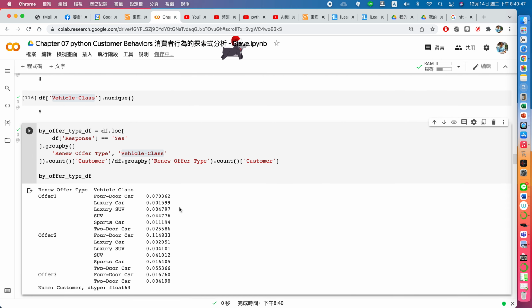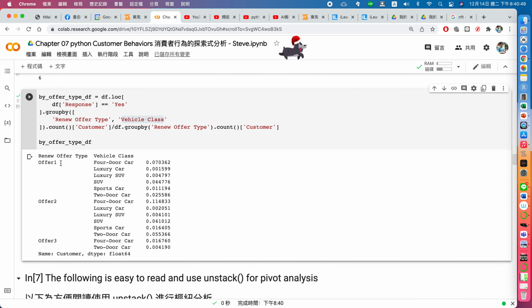Okay, so you get this diagram, this result with different offer types and different vehicle class. Here you may see that for offer 1 there are 6 vehicle class types, with the percentage for each one.